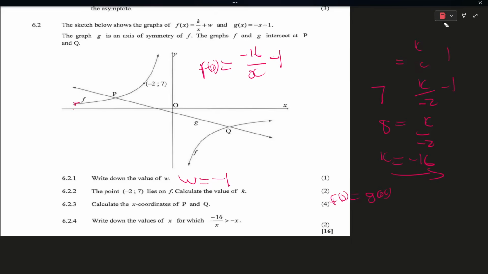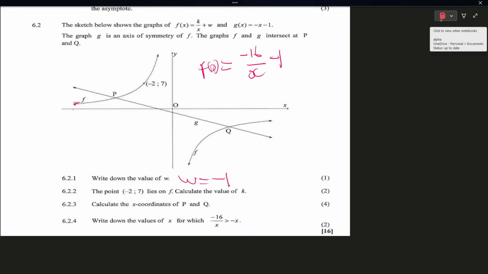Let me erase this so that I can write it properly. Now f(x) equals g(x) because it's a point of intersection. What is f(x)?